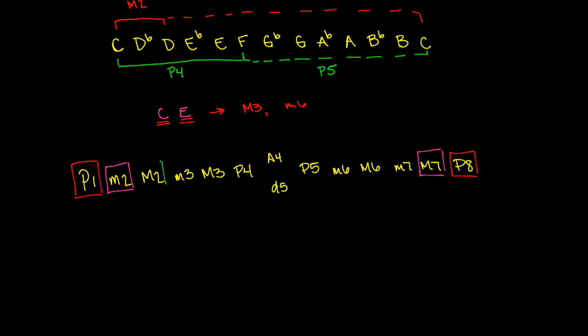Then a major second is the same thing as a minor seventh. And then we could say minor third is the same thing as major sixth. We could say that major third is the same as minor sixth. We could say that perfect fourth is the same as perfect fifth. And finally, our augmented fourth and diminished fifth are the same.